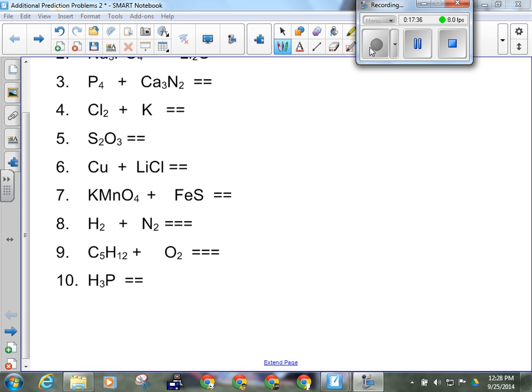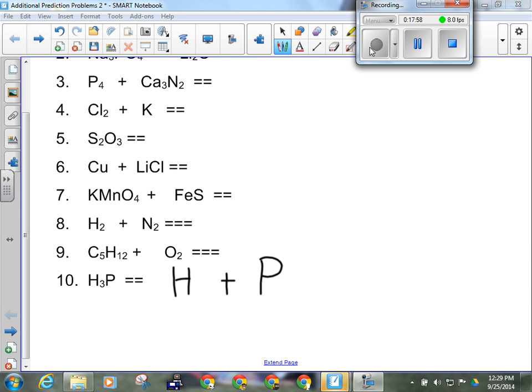If I've got 1 compound as a reactant, and that's it, that's what kind of reaction? Decomposition. So in a decomposition reaction, I'm going to go down to the elements that made up that compound. So that's hydrogen and phosphorus. In a decomposition reaction, I often have to look for special elements. Are any of these special?